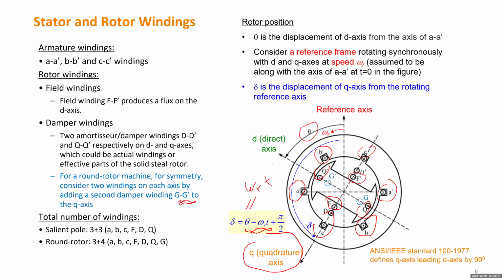But if theta is changing at a lower speed, the delta will decrease. If theta is increasing at higher speed, delta will increase. So delta is called the rotor angle. When we talk about rotor angle stability, we mean the stability of this delta, okay, relative to the reference frame. Any question?